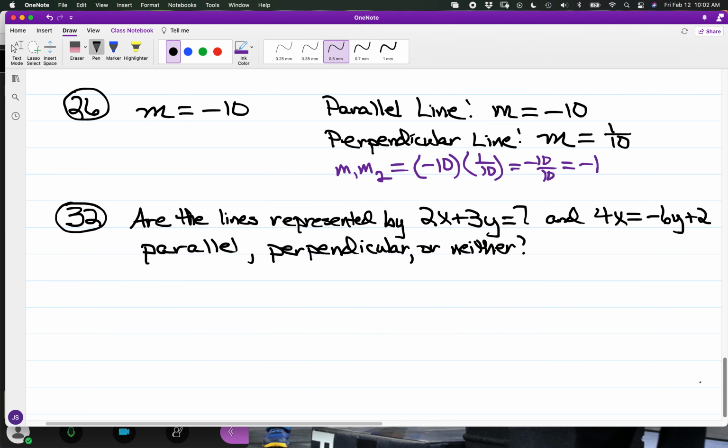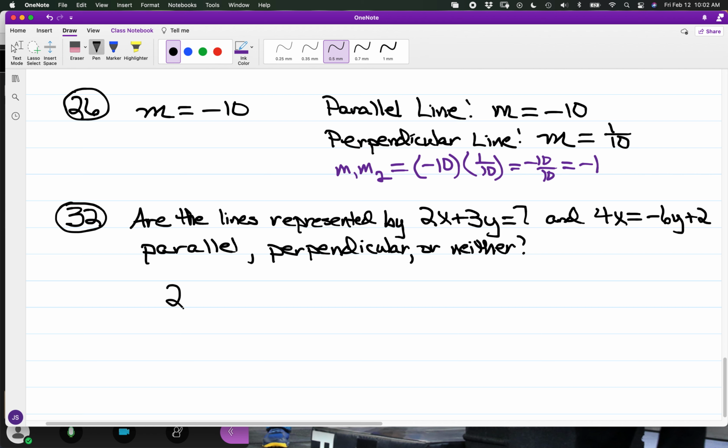Okay, and so first of all, the lines have to be distinct from each other, and we have to determine the slopes. If the slopes end up being the same, we're going to have the relation to be parallel. And if we have an opposite sign reciprocal relation between the slopes of these lines, then you're going to have a perpendicular relation.